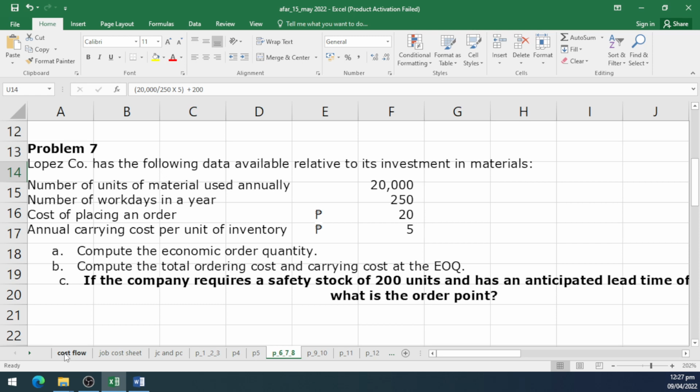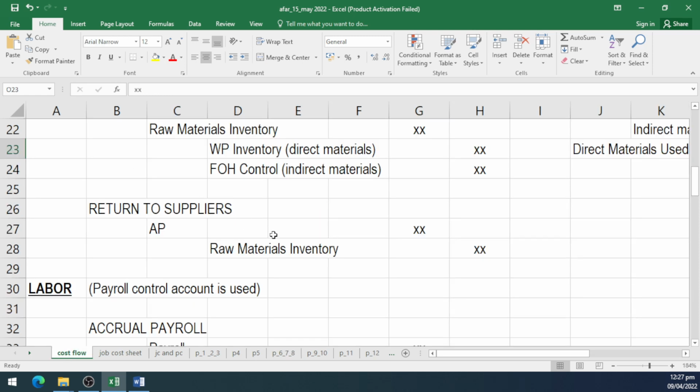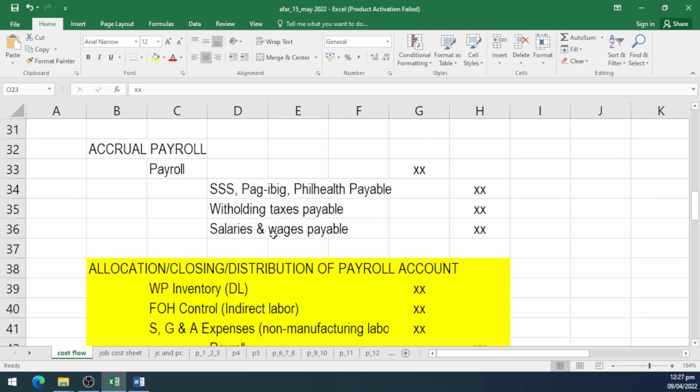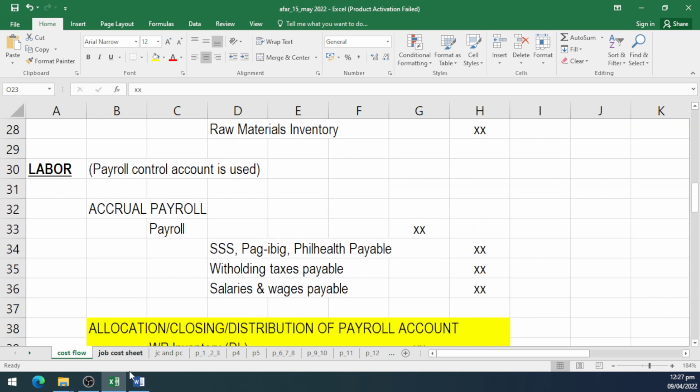Okay, we return to the elements of manufacturing cost. This time, we proceed to labor. Accounting for labor. Generally, labor can be manufacturing or non-manufacturing.